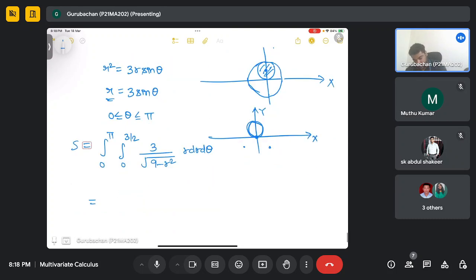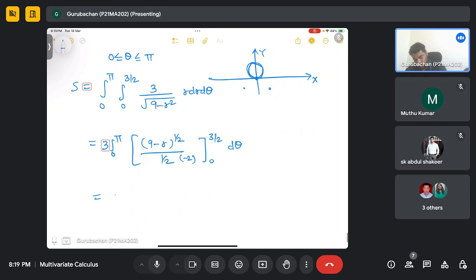This will give you 0 to pi, 3 will be outside, and for r over the root of 9 minus r square, the differentiation of 9 minus r square will be minus 2r. So if we consider that, this will be 9 minus r square to the power half divided by half into minus 2, from 0 to 3 by 2, d theta.